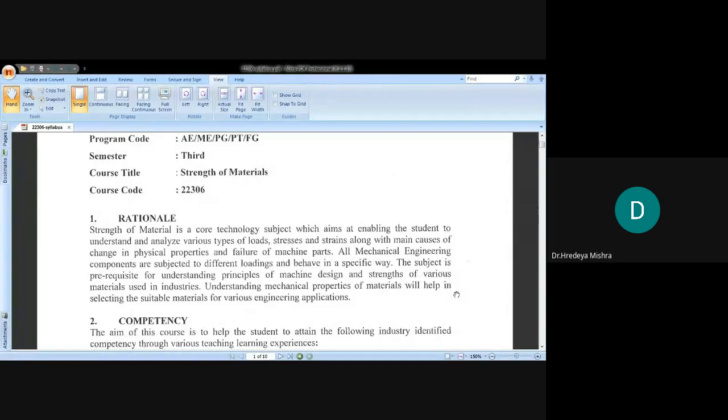Okay, whatever I told you are different properties of the material, which we will deal with one by one. Like I told you, hardness is a property of the material. Brittleness is also another property. Toughness is also a different property of the material.